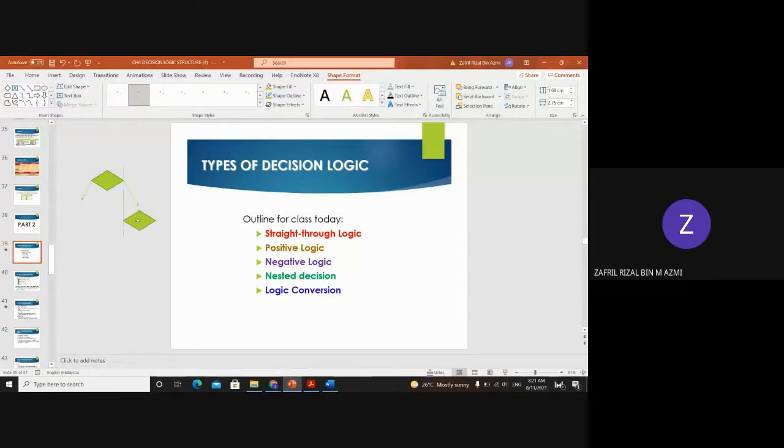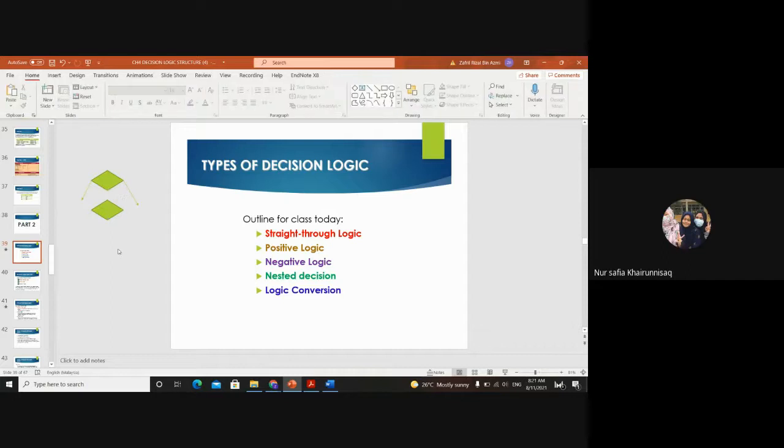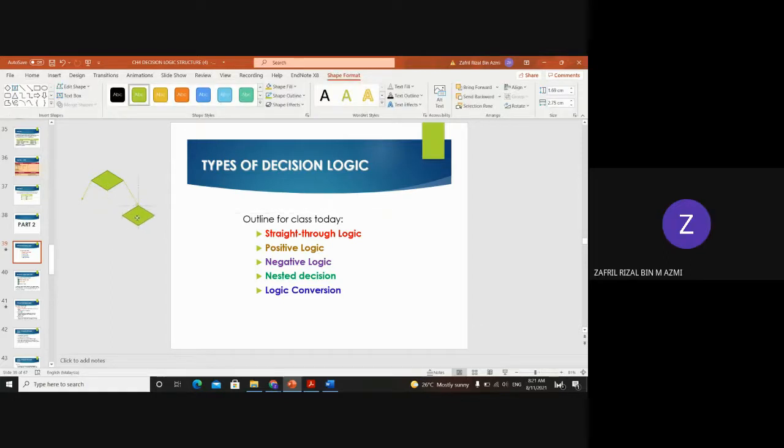True or false? False. Correct, false. So if it is a positive logic, we always put the next decision in the false arrow. If it is a true, then we have another statement.